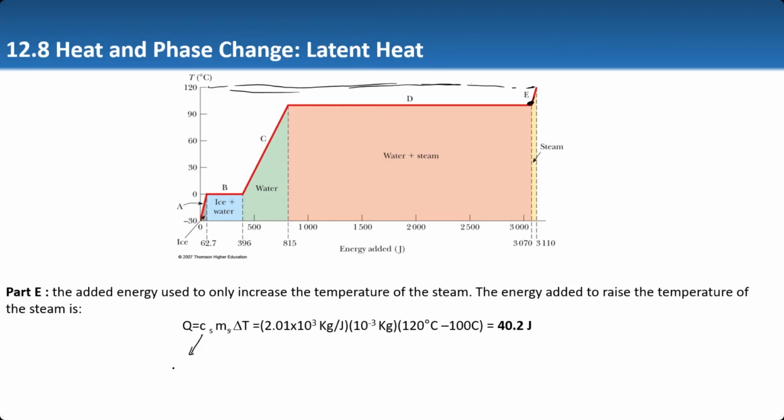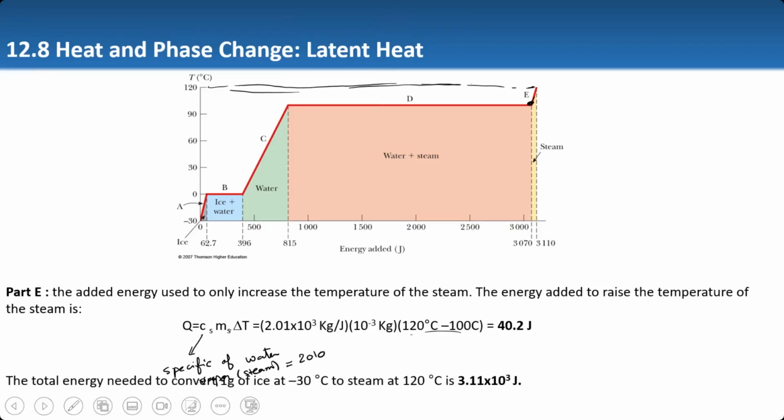But C is the specific heat of water vapor, which we also name as steam. And this is actually equal to 2010. So we substitute that. Delta T is the final temperature, which is 120, minus the initial temperature of the steam, which is 100 degrees Celsius.